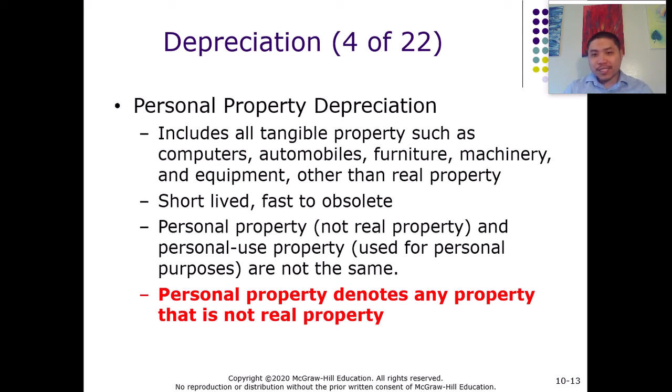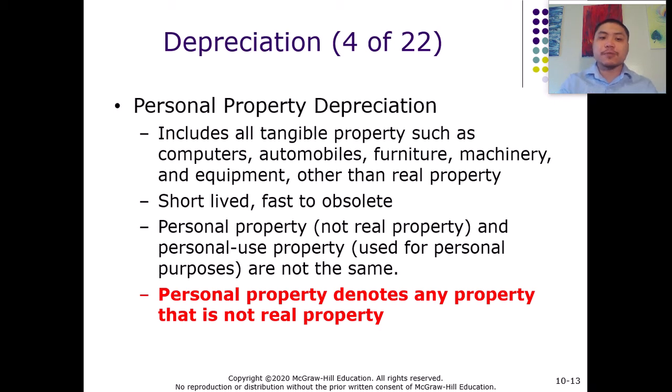So personal assets, or personal properties, include all tangible assets, including computers, cars, furniture, machinery, equipment, right? Anything except real property, right? And keep in mind that personal property is different from personal use property, right? Personal property pretty much just means any property other than real property, and it can be business use or personal use, but in this case we're talking about business use, right?